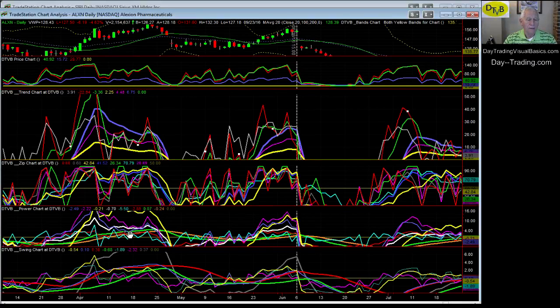And if you know the formulas for these, when green and orange are under zero and going up, they are not as powerful as when green and orange are going up above zero. Same as in the down mode. When green and orange are above zero and going down, they're not as powerful as when they are under zero and going down.